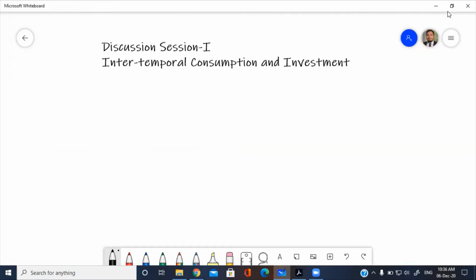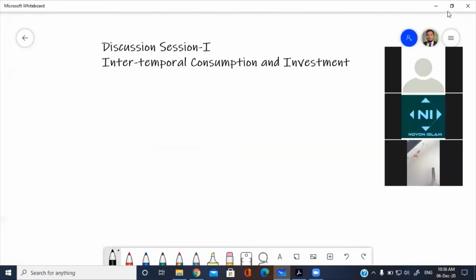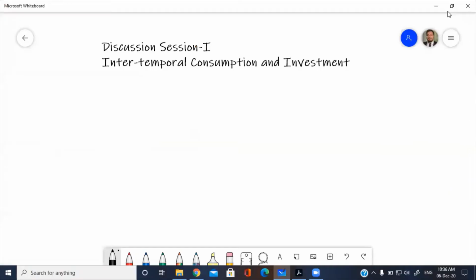Our idea was to discuss the decisions which will help me think of the optimal consumption, optimal investment, optimal savings, or optimal borrowing. I mean the optimum amount of these things.